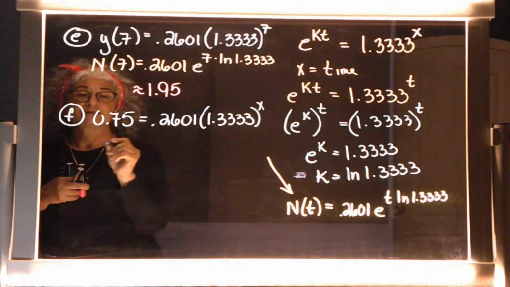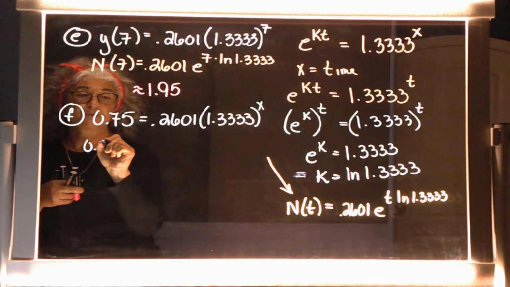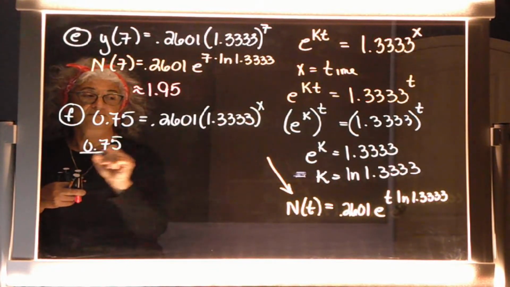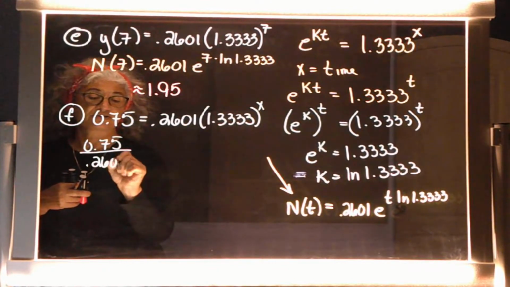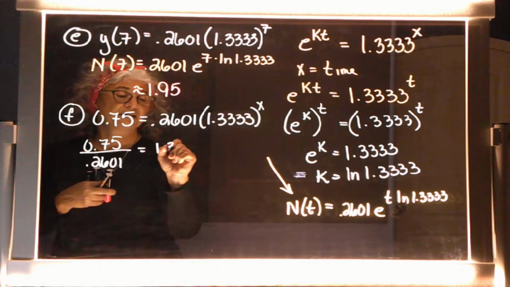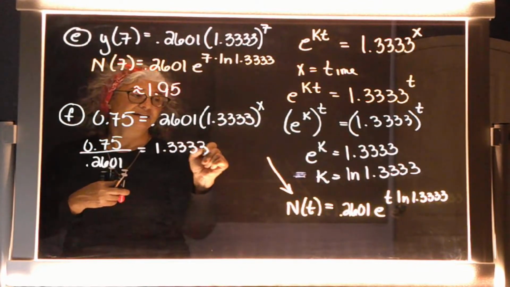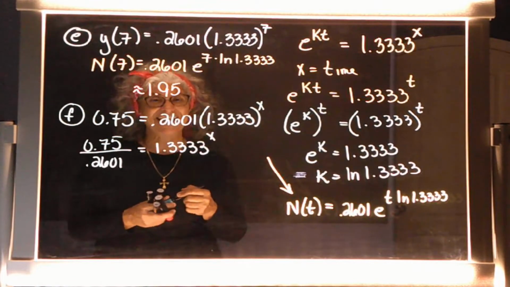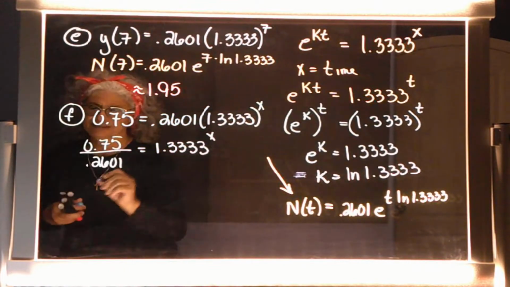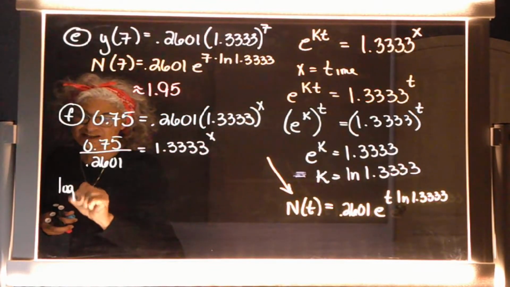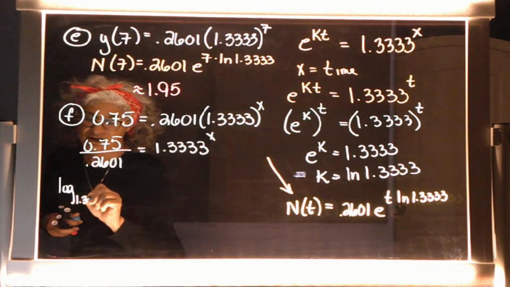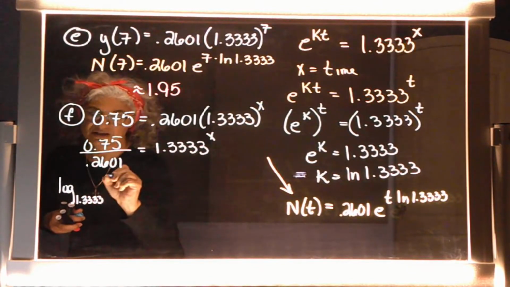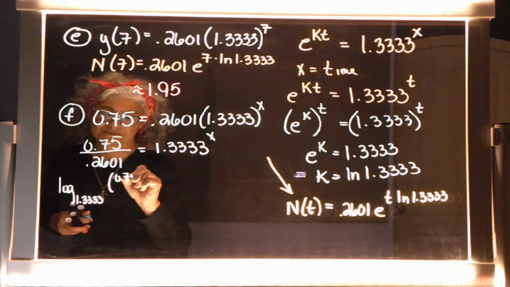And solving means I'm going to divide both sides by that 0.2601. And to get this exponential out, I have to take the log. And that's going to be interesting. So I'm actually taking the log of the base, 1.333, of this lovely fraction.